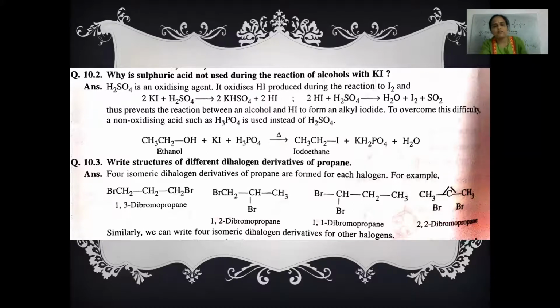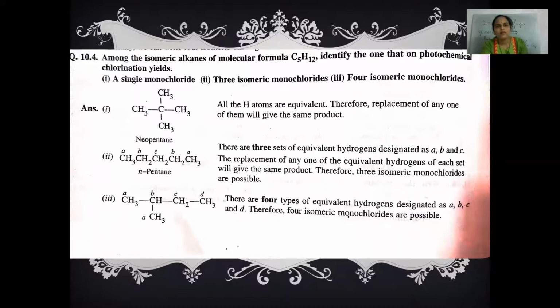Next question you see. The question is, among the isomeric alkanes of molecular formula C5H12, identify the one that on photochemical chlorination yields a single monochloride, 3 isomeric monochlorides and 4 isomeric monochlorides respectively.